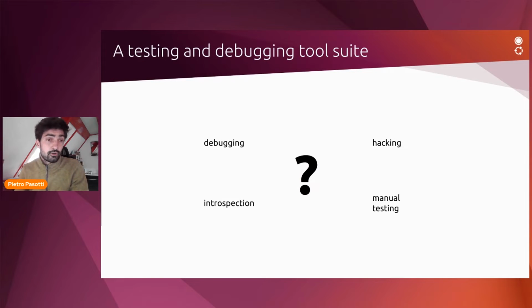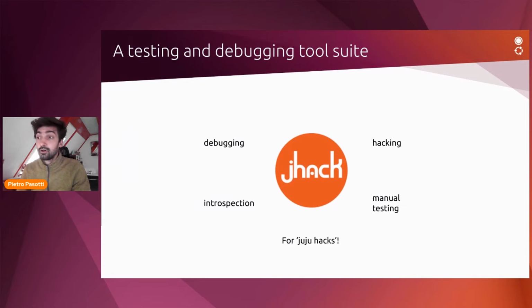When I joined Canonical, I realized that there was a gap between the native Juju tools, so the command line interface offered by the Juju client, and what the charmer needs when it comes to debugging, introspecting, hacking around the charm, especially in a runtime environment, and help in general in manually testing, manually interacting with charms and local models, especially when you're developing a charm. And for that reason, I started working at some point on a project called Jhack, short for Juju Hacks.